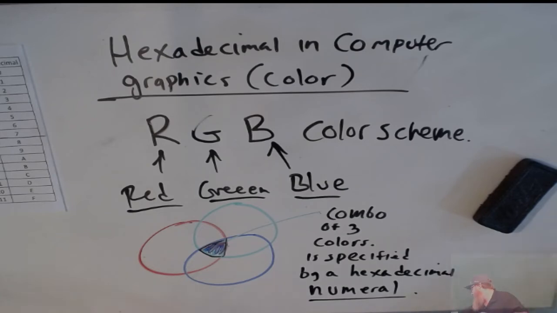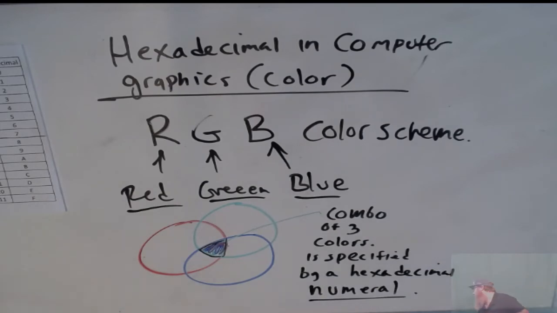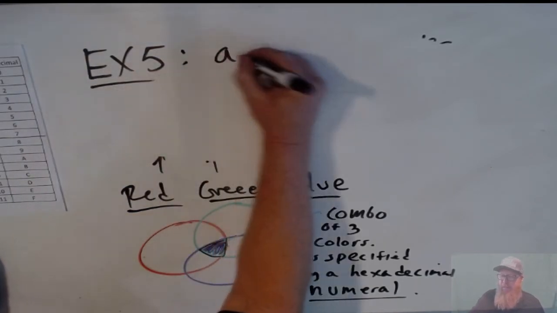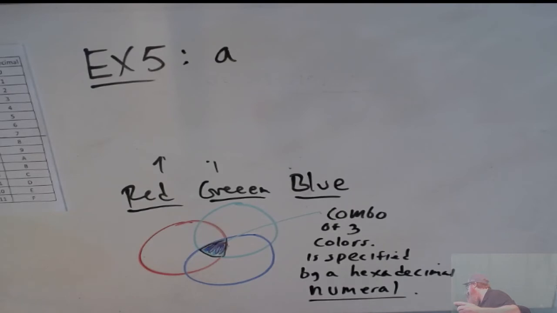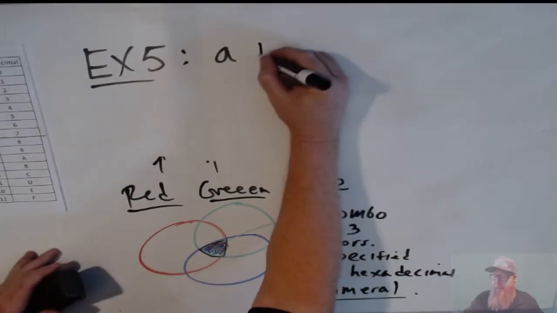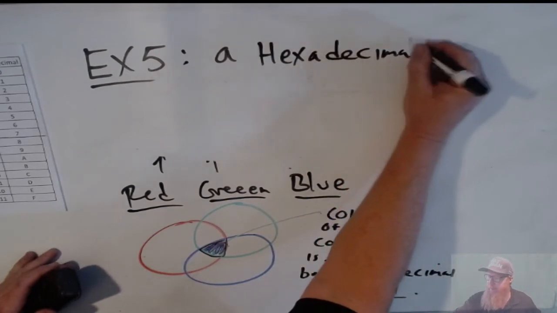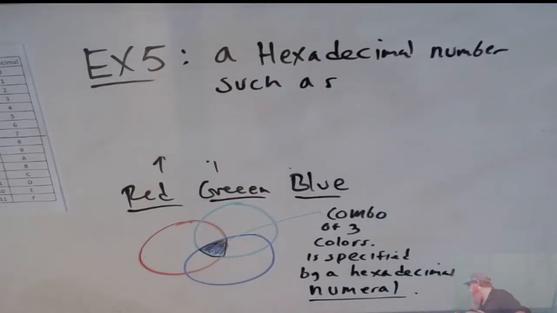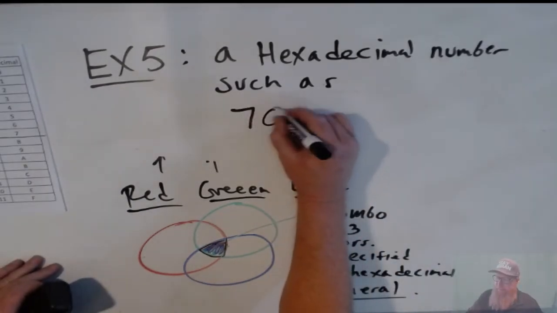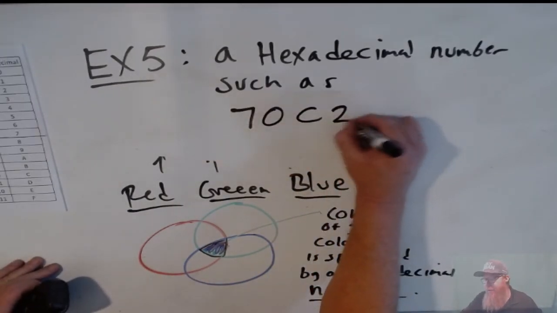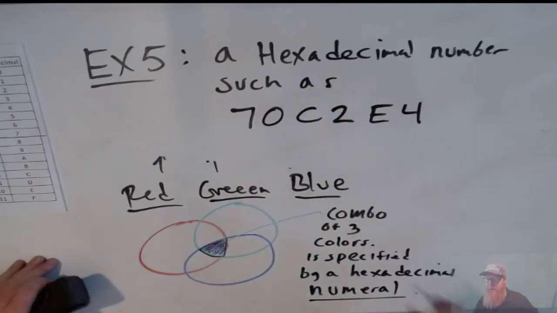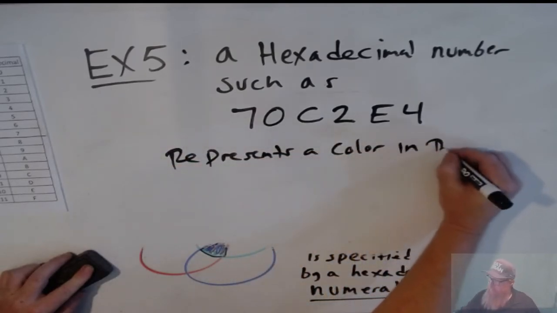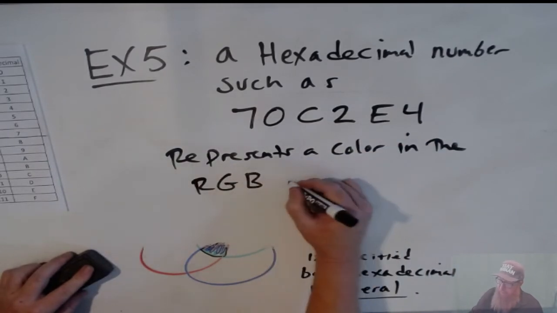So if you had something like example 5, a hexadecimal number such as 70C2E4 represents a color in the RGB system.